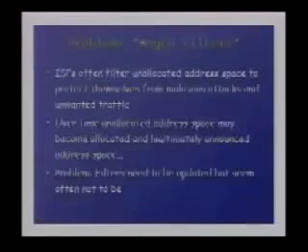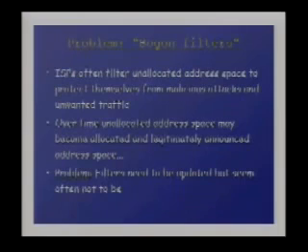The problem: Bogon filters, you're familiar with them. We intend to filter unallocated address space, including 1918, the stuff the IANA hasn't given out, et cetera, in order to protect ourselves from malicious attacks and unwanted traffic, because we believe that there are people out there who send from that space.